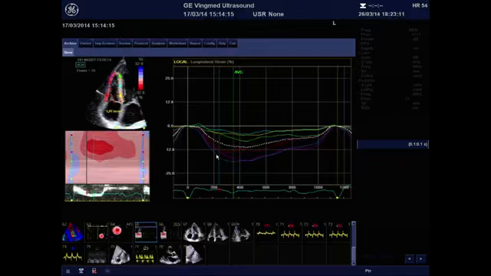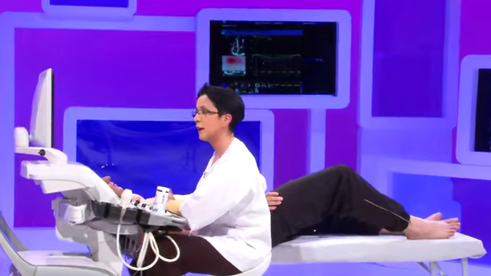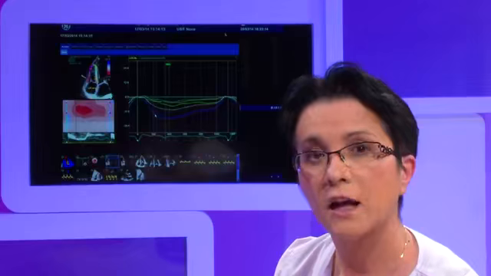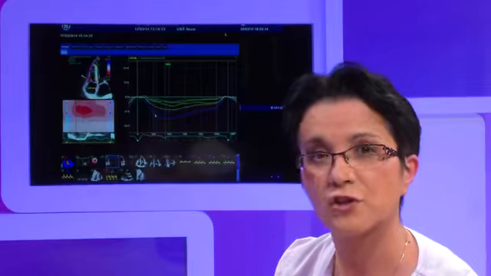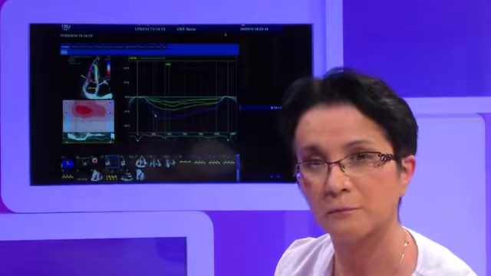It is considered that the involvement of the right ventricle as well as the left ventricle encompass an even worse prognosis than just left ventricular involvement.